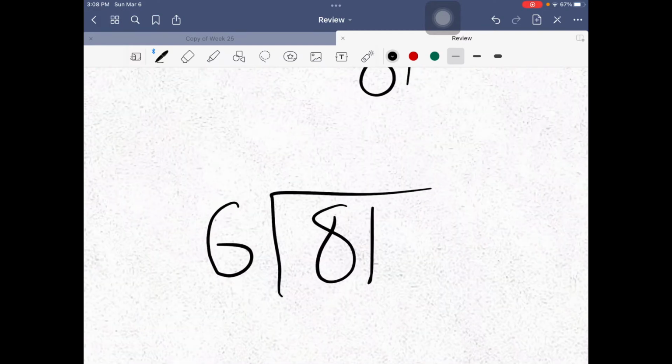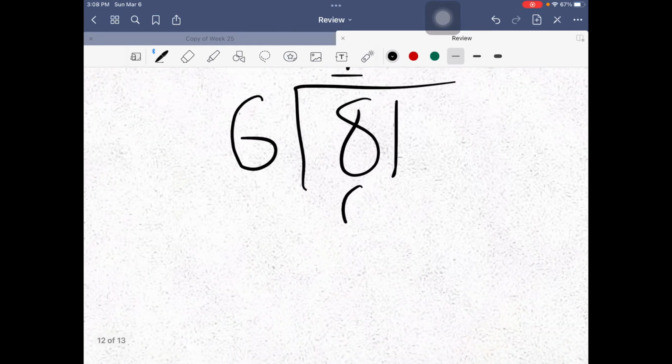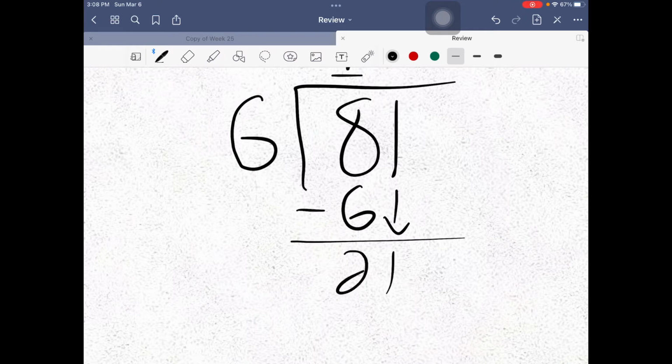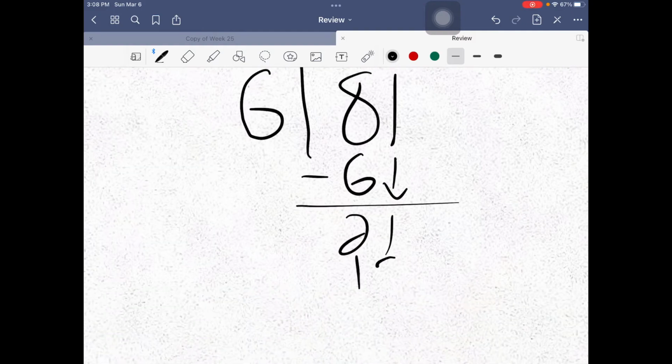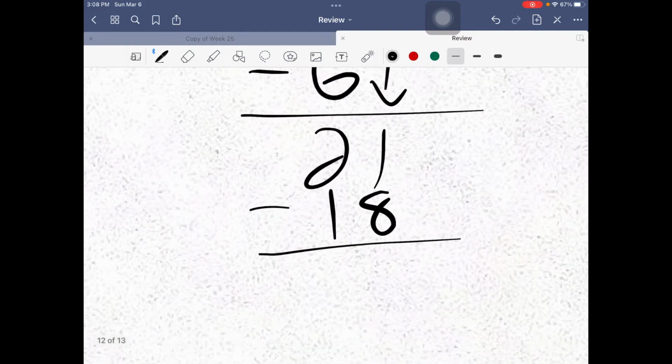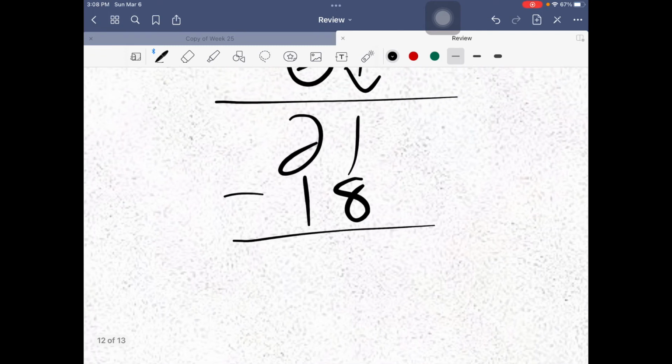How many times can 6 go into 8? 1. What's 6 times 1? 6. 8 minus 6. 2. And then you bring down the 1. How many times can 6 go into 21? 3. What's 6 times 3? 18. Can I subtract 8 from 1? No. What do you do? You borrow.